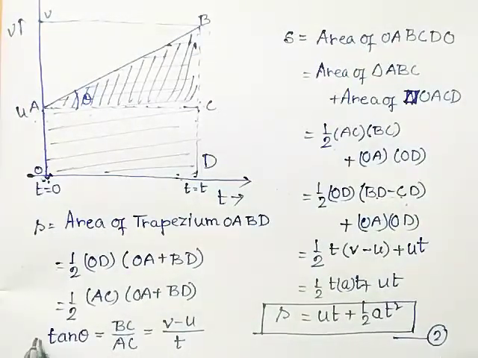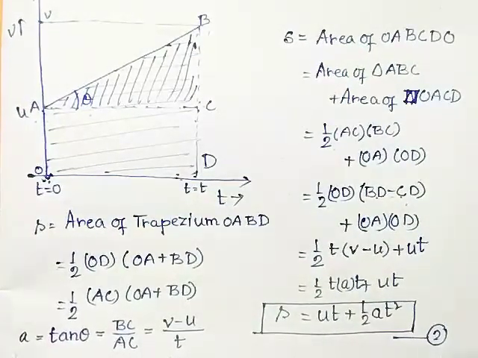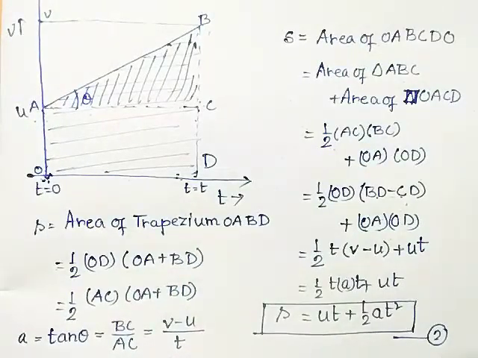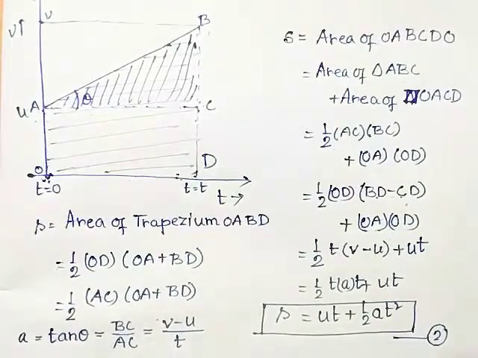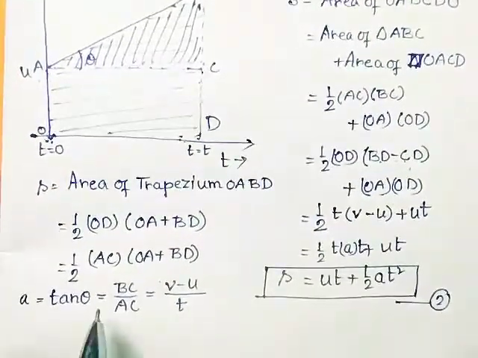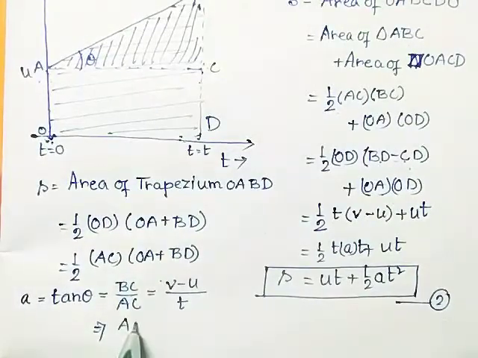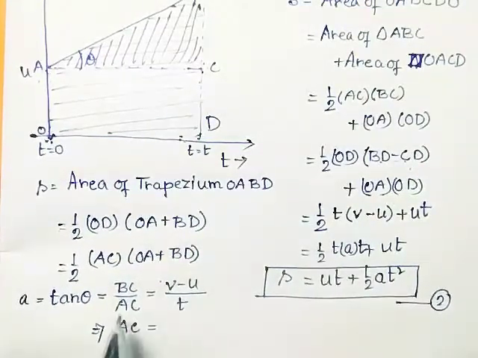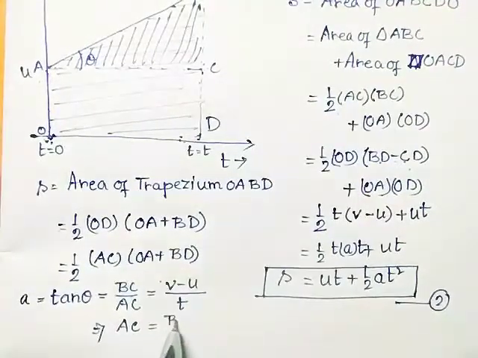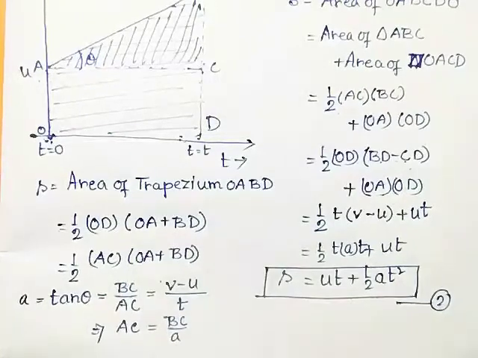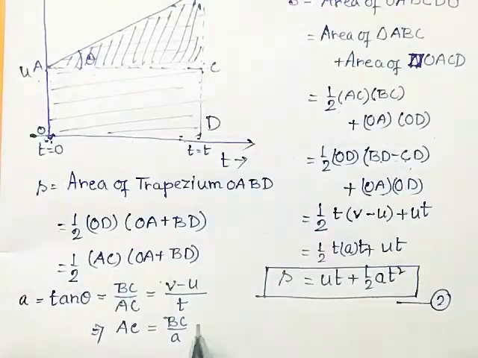Basically the slope of the velocity versus time graph represents the acceleration. So I can replace this AC by this. What is the value of AC here? AC equals BC by A.